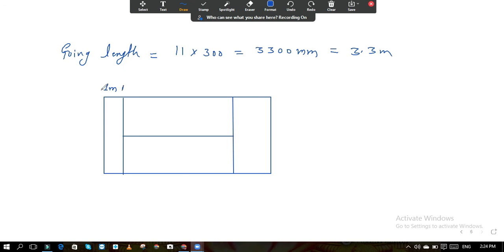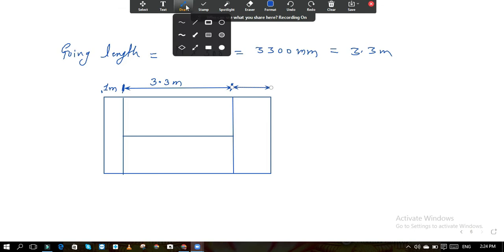This is 1 meter up to this point. From this point up to here is your going length. So this is 3.3 meter. Okay. And assume this is the landing. Assume the landing as 1.2 meter.